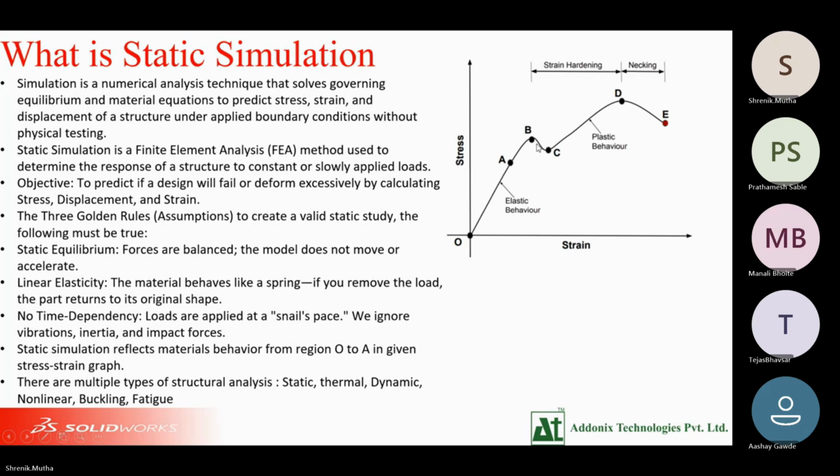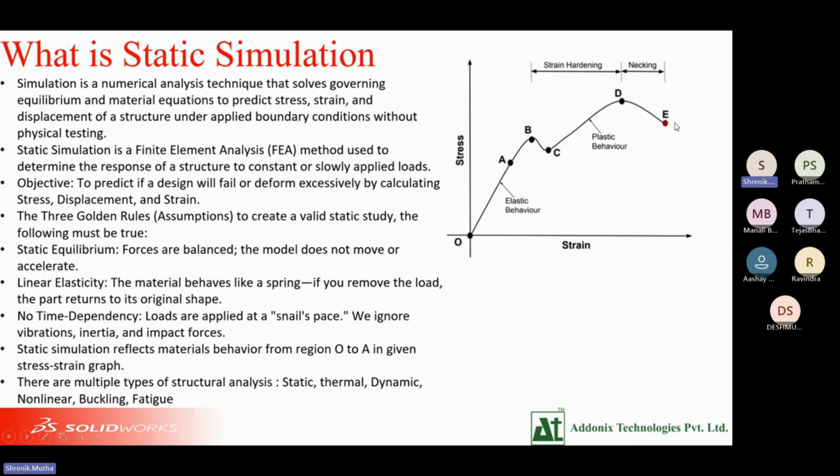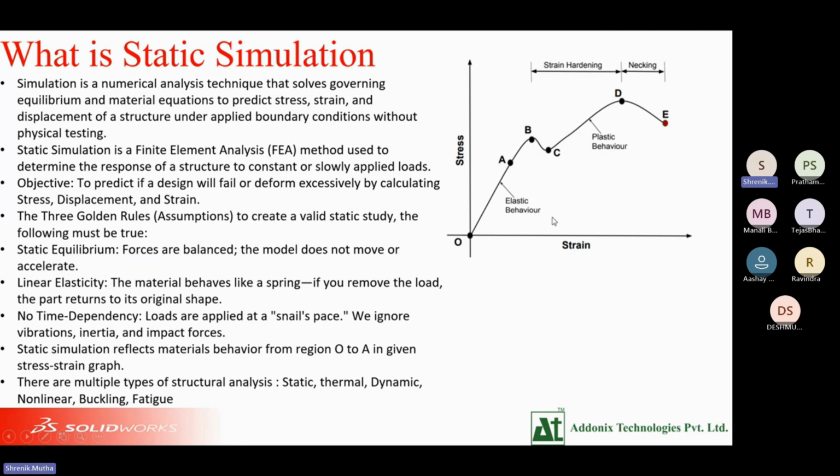After that, it will go on achieving its yield strength, and after it will again dip, and it will start its process of strain hardening, and after a certain point, it will start deforming plastically and start necking, and at a certain point, let's say point E, it will break or it will fail. So this is our stress strain diagram.